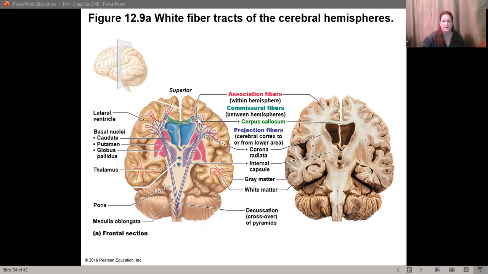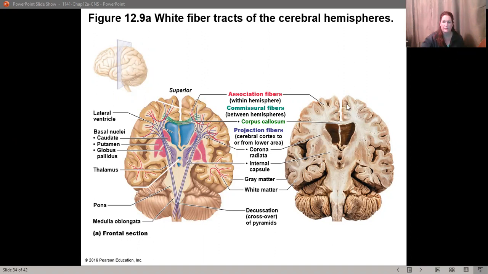These are coming from the frontal lobe but they can come from elsewhere. These are actually coming from the parietal lobe too. So they will come from the cerebral cortex, and then they will come down here to the medulla oblongata, where it's called decussation, crossing over of the pyramids. Pyramids meaning pyramidal neurons. So the pyramidal neurons are crossing over at the medulla oblongata, ending up in contralateral control.